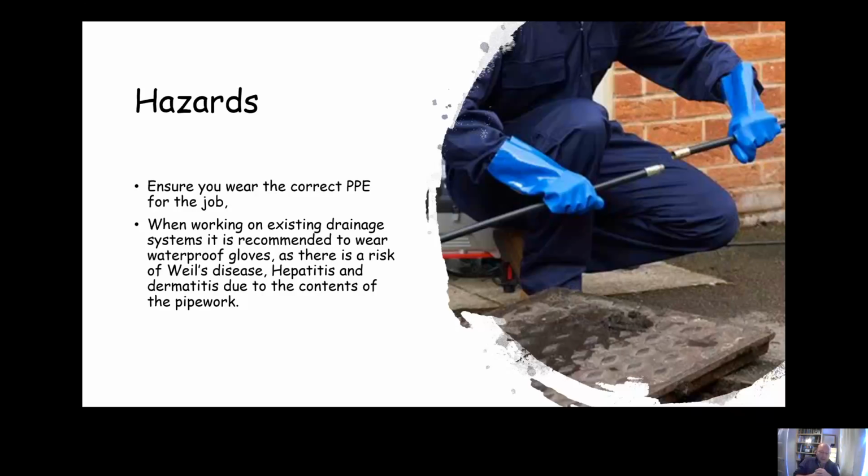So make sure you stop anything like that coming into contact with your hands, by wearing waterproof gloves. There's also a risk of hepatitis and dermatitis from the contents of the pipe, so make sure you wear appropriate protection.